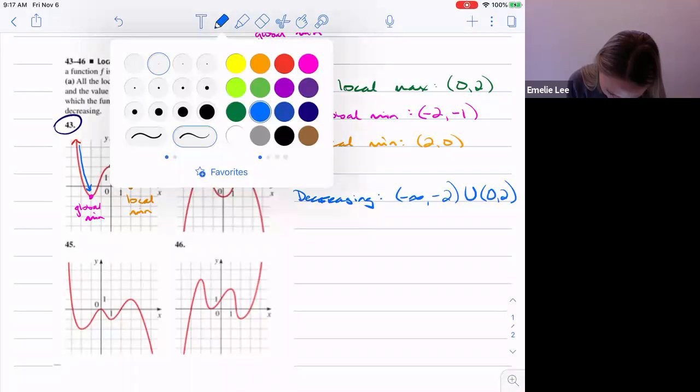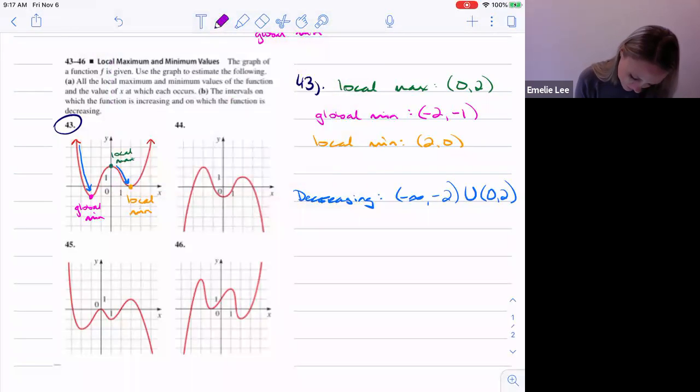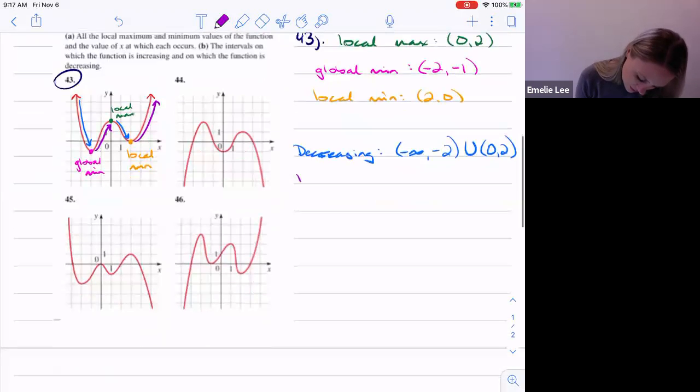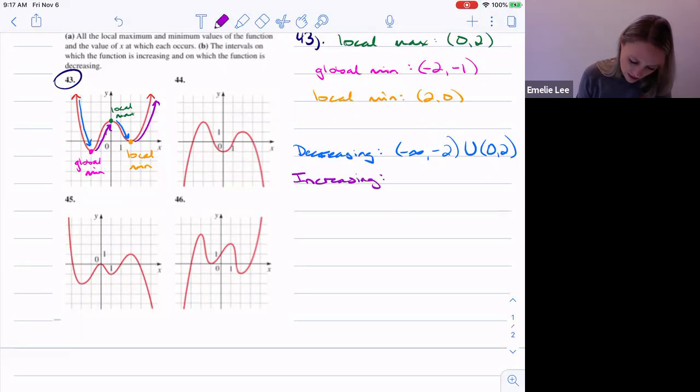Running out of colors here. Purple. Where is it increasing? Here and here. So it's increasing, looks like, from -2 up to x equals 0. Notice that it's going to fill in the gaps here and extend beyond 2 later.